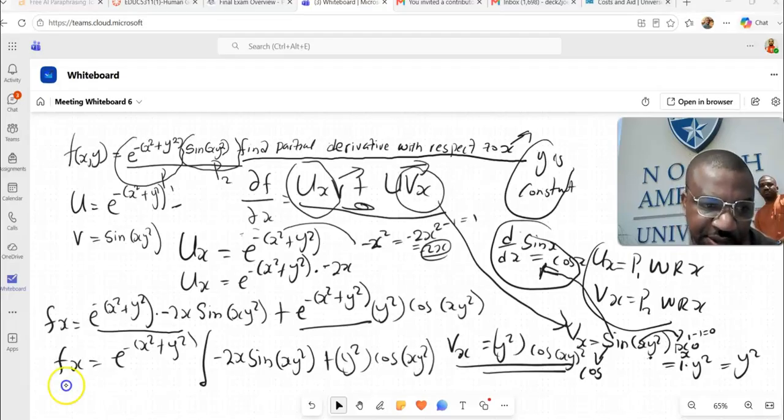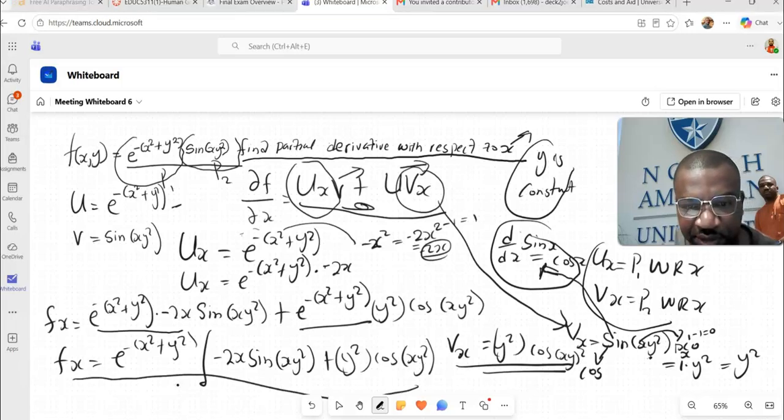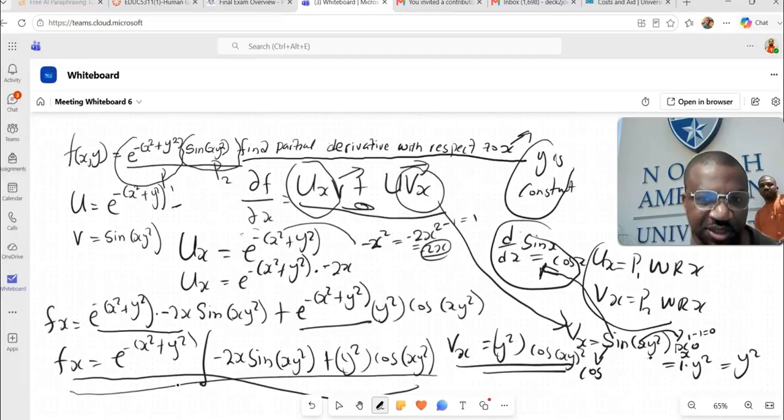So this is what we are asked to find: the partial derivative with respect to x.